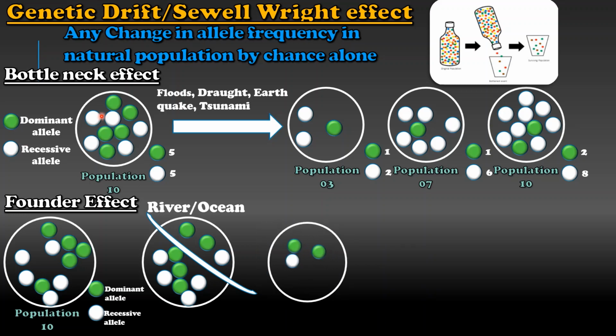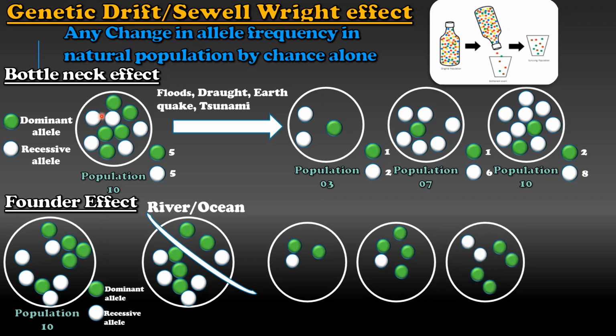These 3 people who are separated from the original population are called the founder population. Now when this population grows in a separated geographical area, the allele frequencies are different from the original population. See the last figure where the population has 8 green alleles and 2 white alleles.